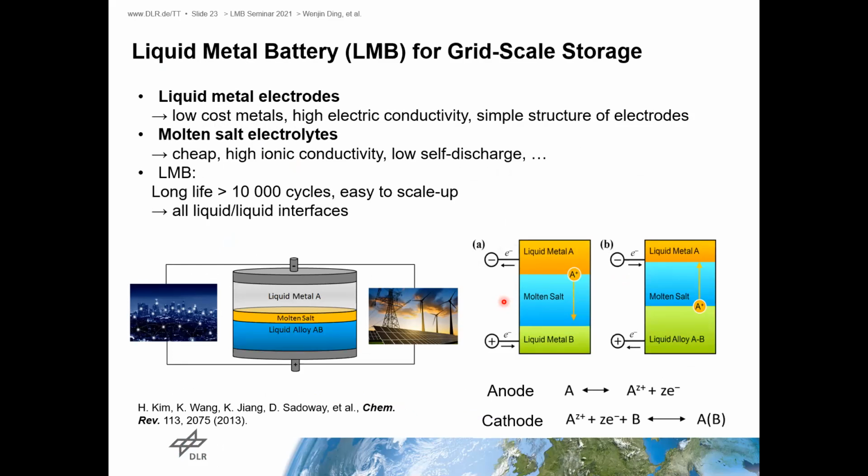It has a very long life, more than tens of thousands of cycles, and is easy to scale up because it has all liquid interfaces. The battery can be used for a long time.